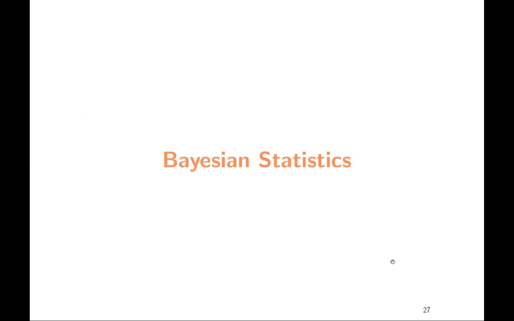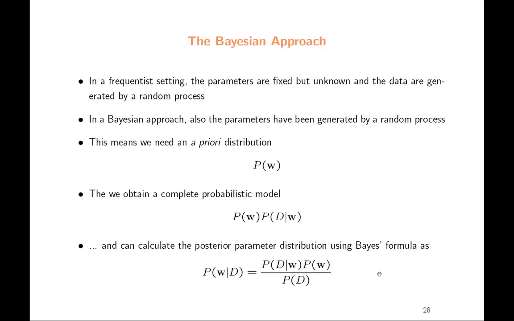So the competing approach is the Bayesian approach, which has a lot of similarity with the likelihood approach, but also some important differences. So here we see the likelihood function, the probability of the data given the parameters. But then here we see a second term, which is the probability distribution over the parameters. And it's not conditional on data.